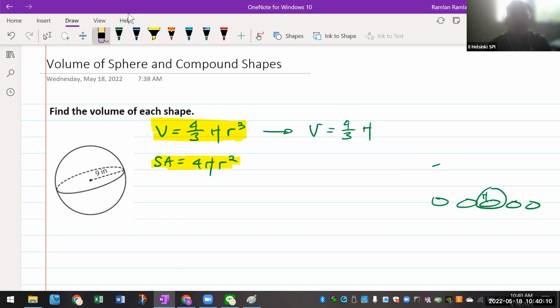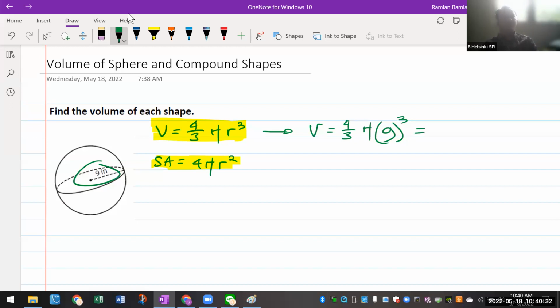And then we have the radius in here, which is 9 inches, right? So that will be just 9 to the power of 3. That's it, right? You only need to put all of these numbers into the calculator, and then you will get the value of the volume.